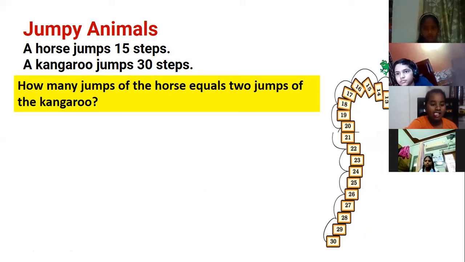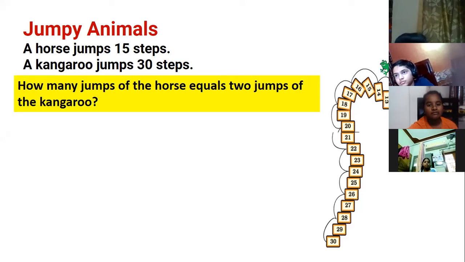In one jump, 15 steps. 2 jumps, 30, ma'am. In 3 jumps, 3 into 15, 45 steps. In 4 jumps, 4 into 15, 60 steps. Okay.